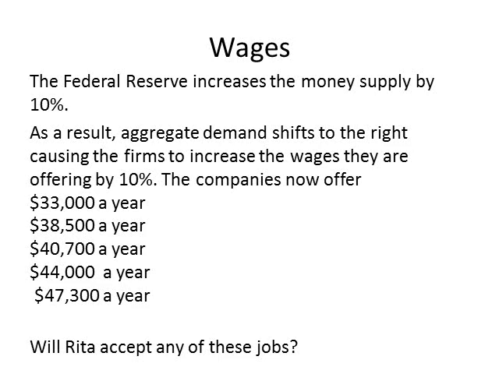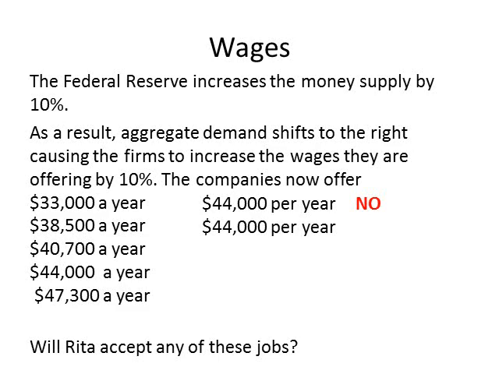So let us remember that Rita's reservation wage is $44,000 per year. A firm offers Rita a job for $33,000 a year. No, she won't take that one. A firm offers Rita a job for $38,500 a year. Will she take this job?